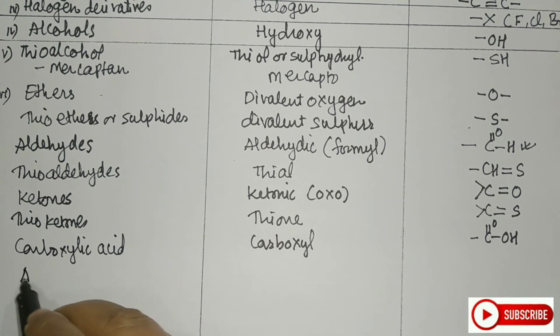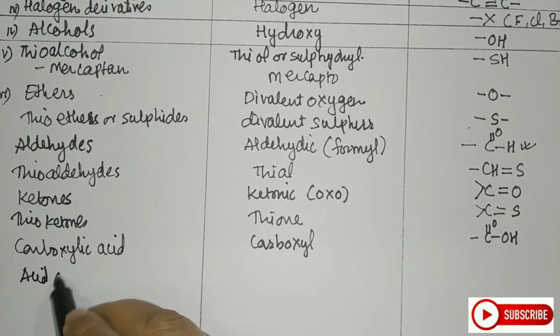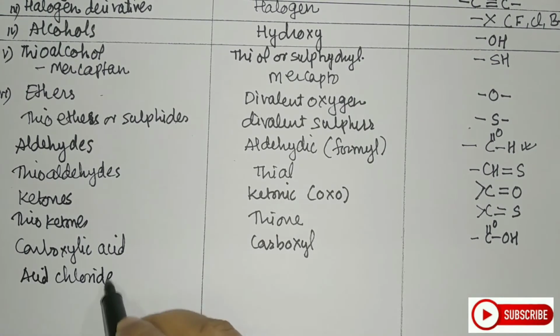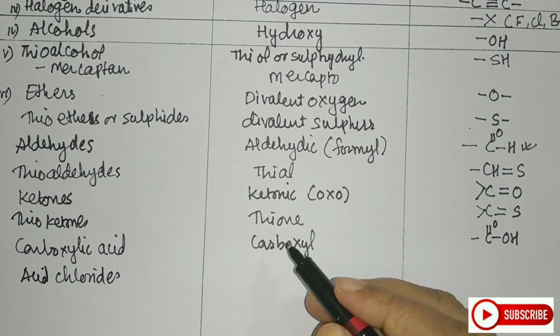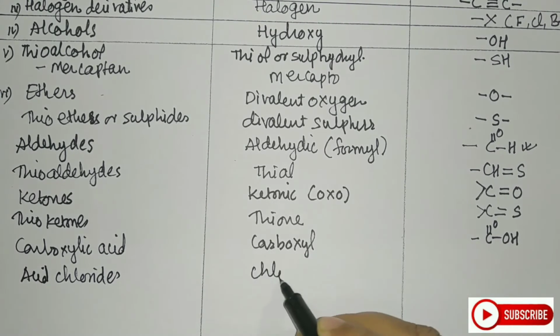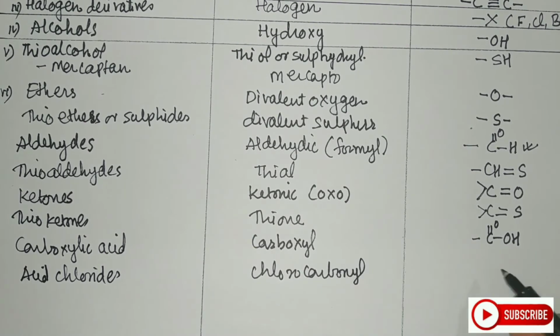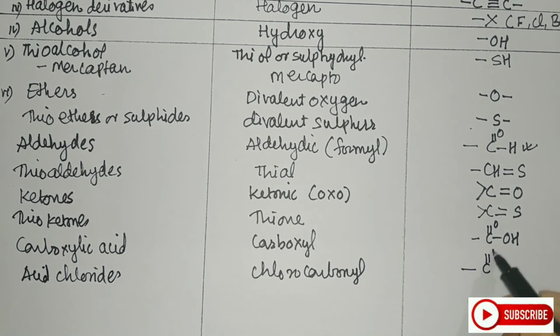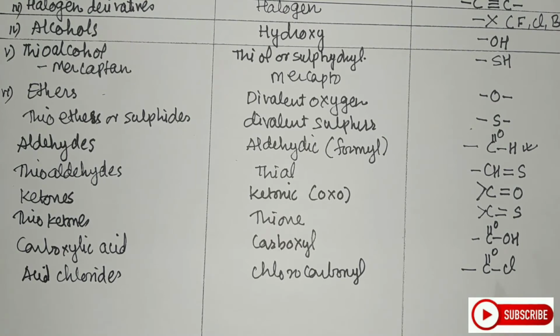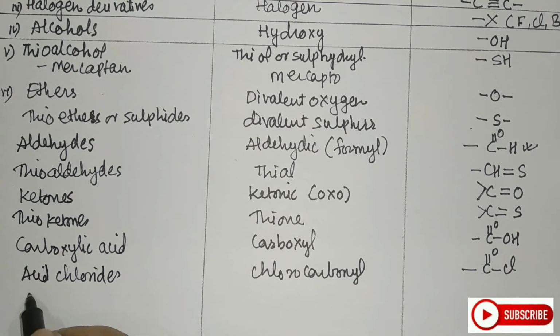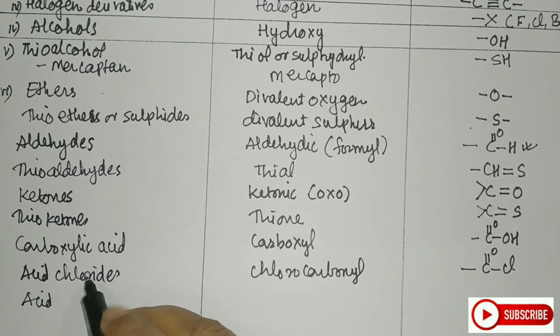Next is acid chlorides. This is called chlorocarbonyl, represented as C double bond O and Cl. Next is acid anhydride.